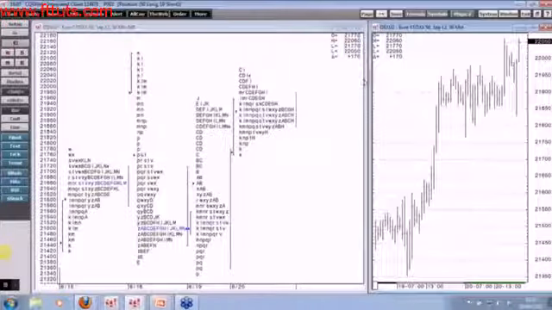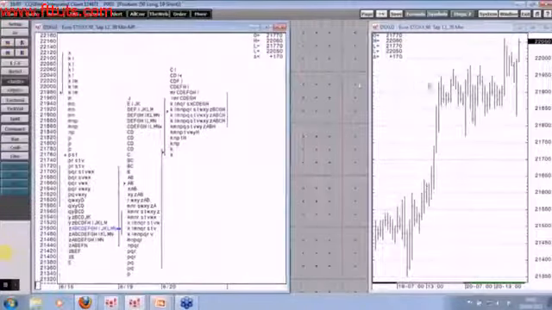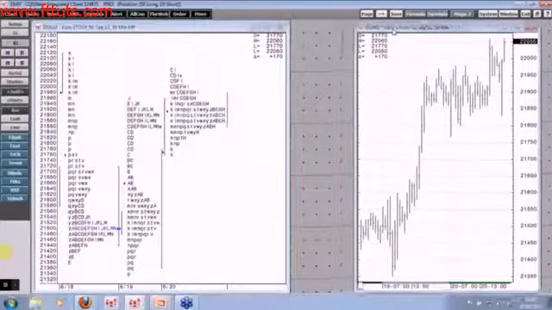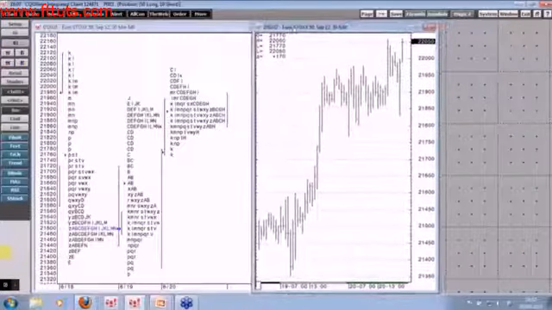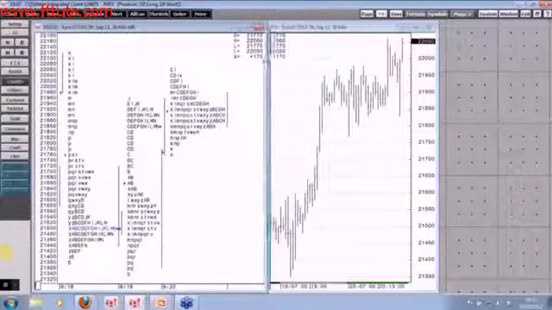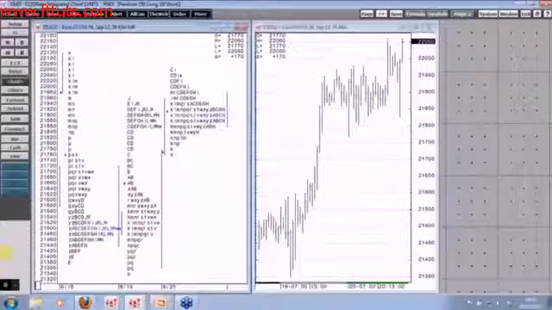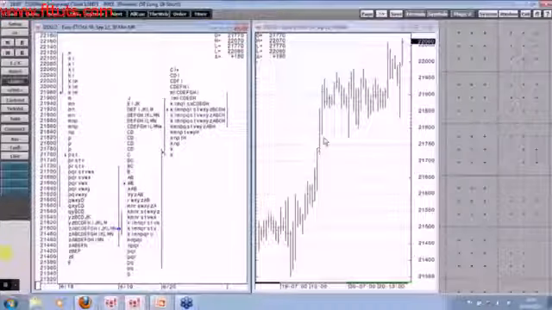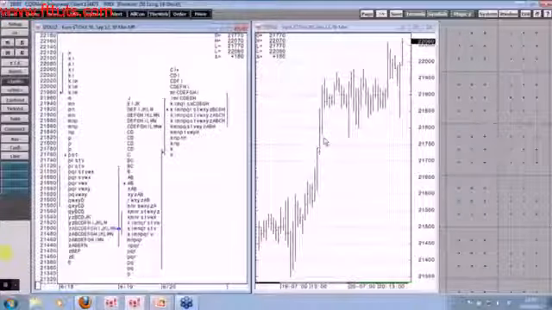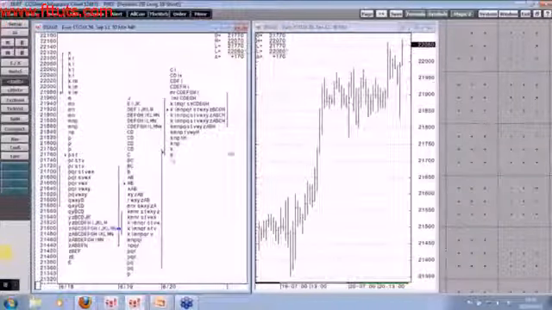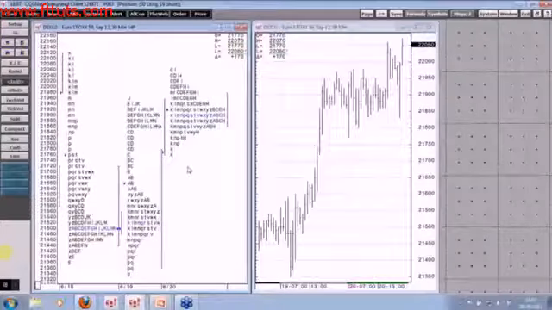Okay, so if I just move this over. This is the Euro Stoxx future. On the left-hand side I've got market profile, and on the right-hand side I've got just a simple 30-minute bar chart. What these two charts are showing is exactly the same thing.